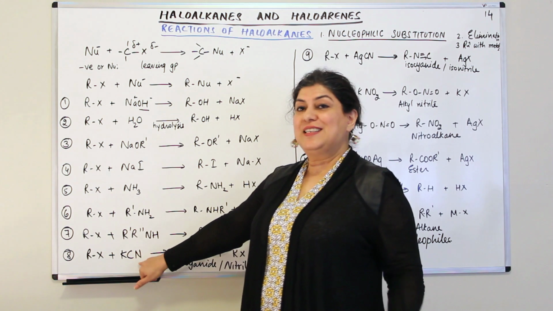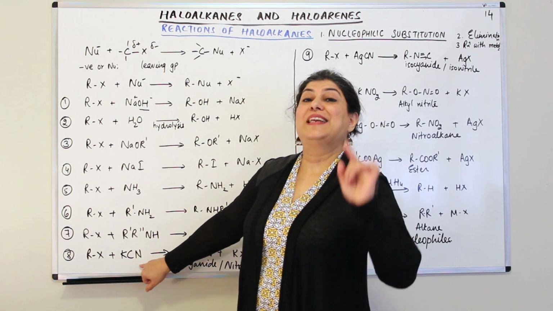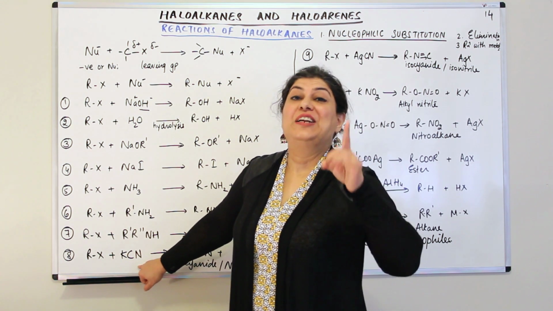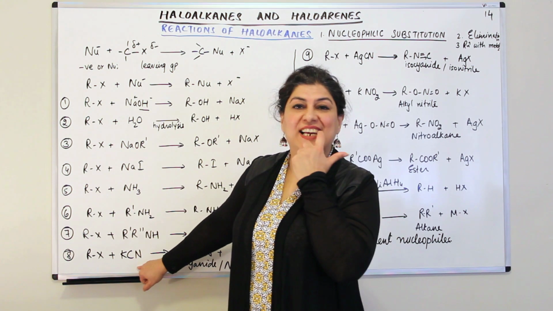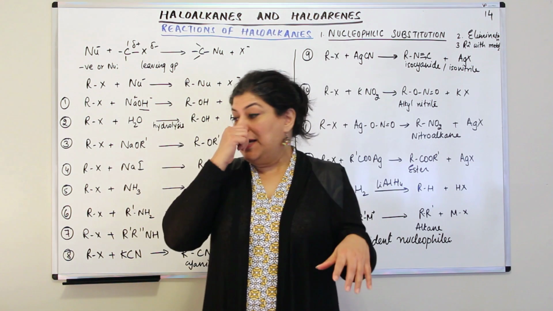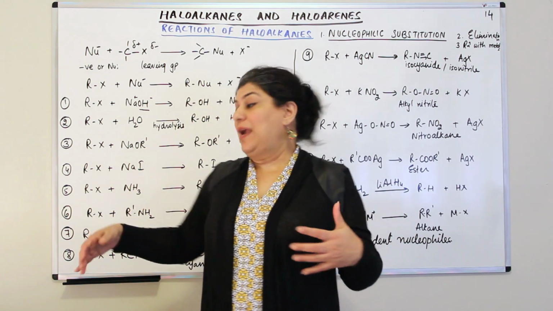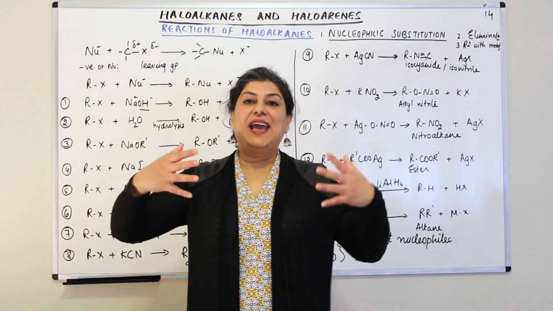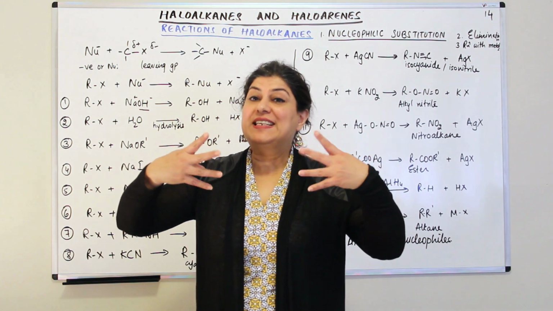Ambidextrous. A person who can use both hands equally efficiently. Similarly, this is a nucleophile which is known as an ambident nucleophile. What is dent? Dent is teeth, right? So when chemicals react, it is as if they have the teeth of keys.